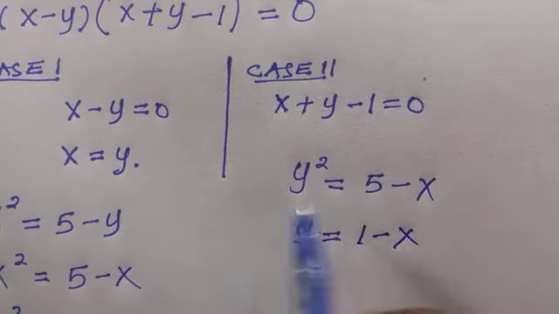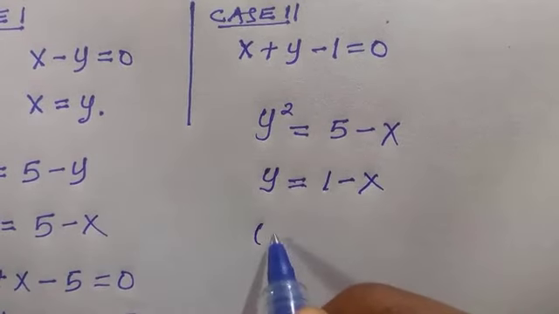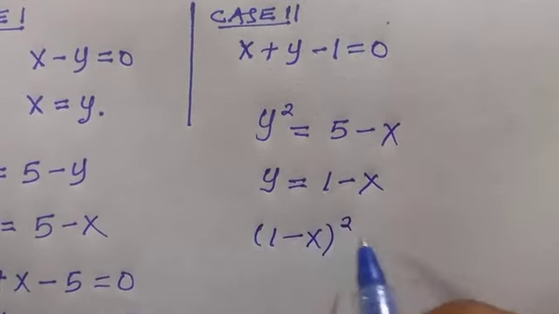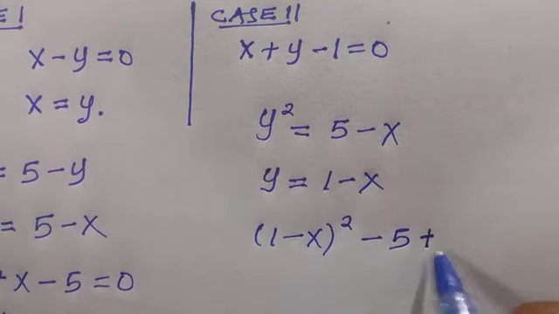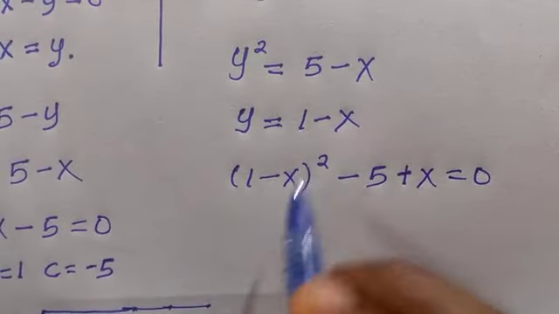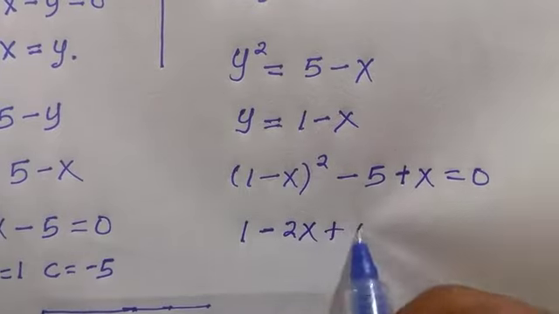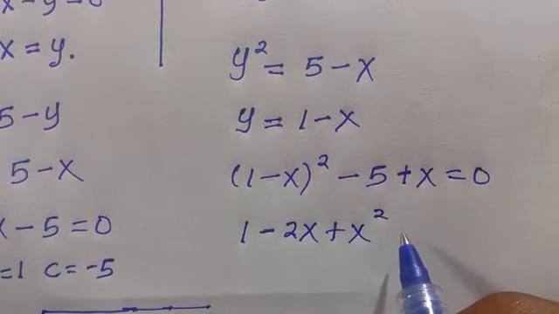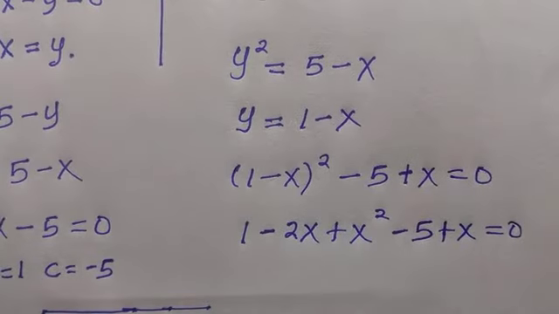So if this is what we have, we are going to put it in the value of y. So we have 1 minus x all squared, and we transfer this, it becomes minus 5 plus x equals 0. The expansion of 1 minus x squared is 1 minus 2x plus x squared, minus 5 plus x equals 0.